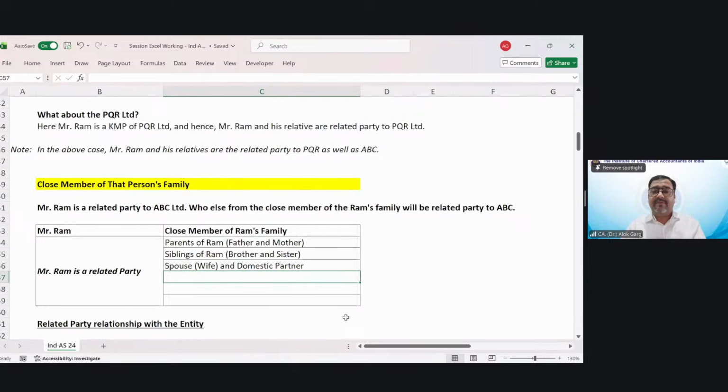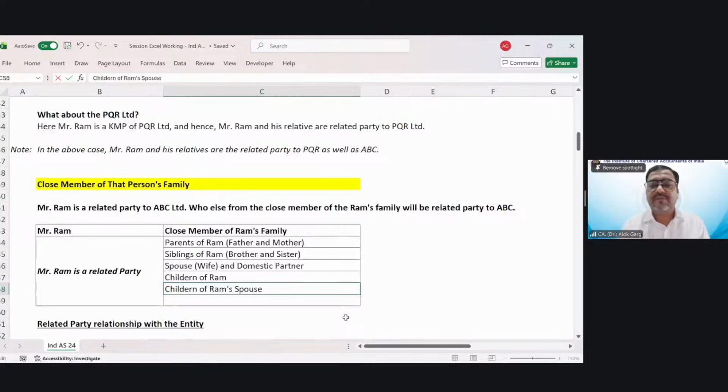Then who else will be covered? Children. Children of Ram, right? Then children of Ram's spouse, which means wife.